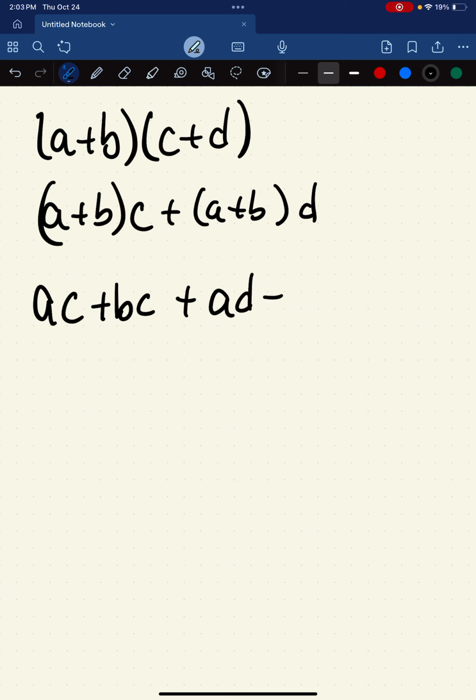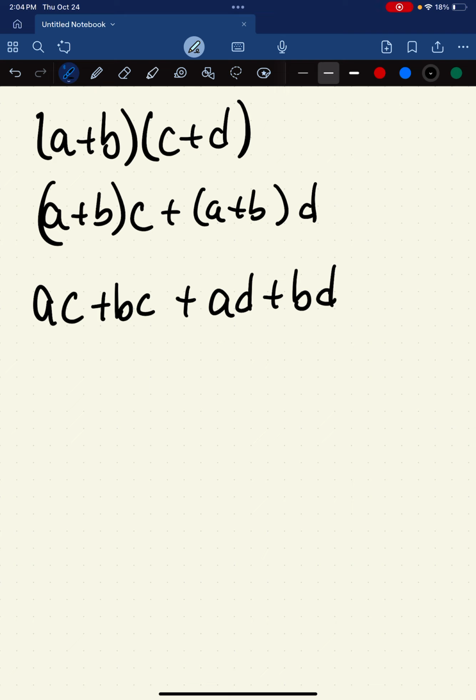That's AC plus BC plus AD plus BD. And we're done, actually. That's how we multiply sums, using the distributive property.